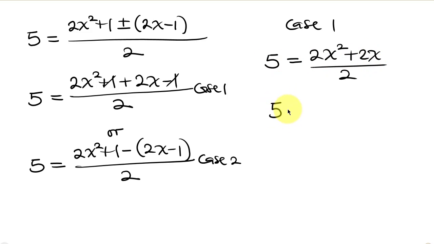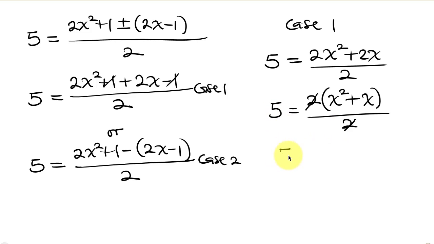So we have 5 to be equal to, now factor out 2. So 2x squared divided by 2, I'm going to be having x squared, plus 2x divided by 2, I'll be having x, all over the denominator 2. So 2 can cancel out 2, so that we have 5 to be equal to x squared plus x.